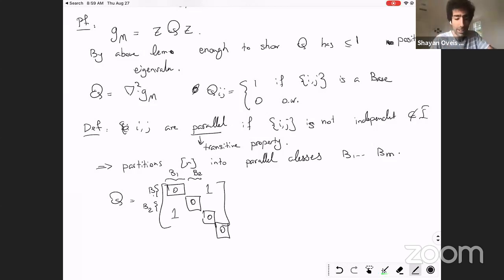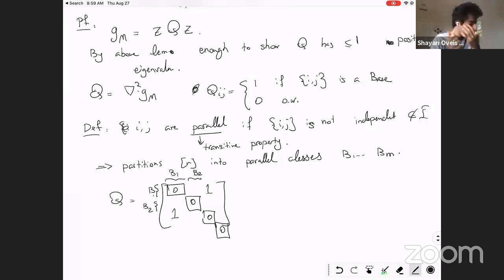Because if you pick two elements from the same block, they are parallel, but if you pick two elements from different blocks, they are not parallel and they form a base. So this is exactly Q, and I want to say this matrix has at most one positive eigenvalue.